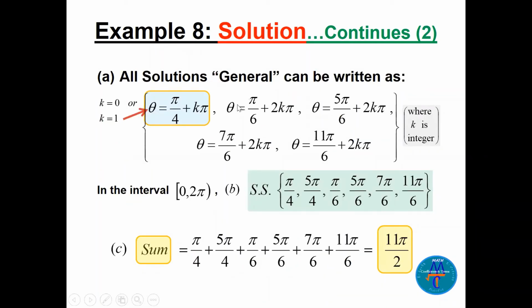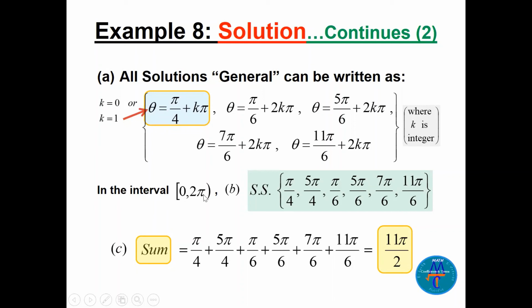So theta equals pi over 6 plus 2k pi, theta equals 5 pi over 6 plus 2k pi, theta equals 7 pi over 6 plus 2k pi, and theta equals 11 pi over 6 plus 2k pi, where k is an integer.